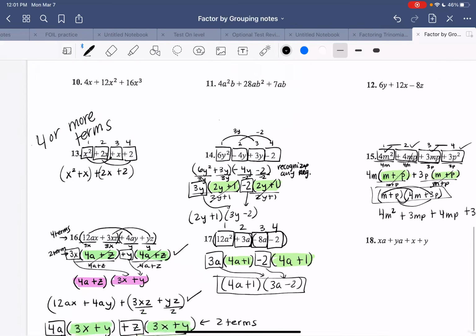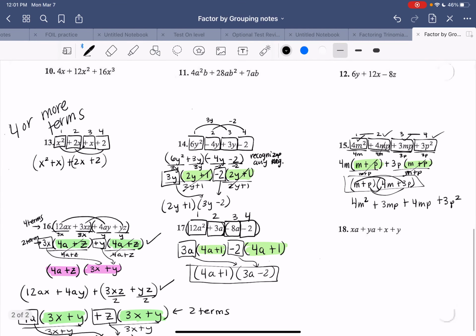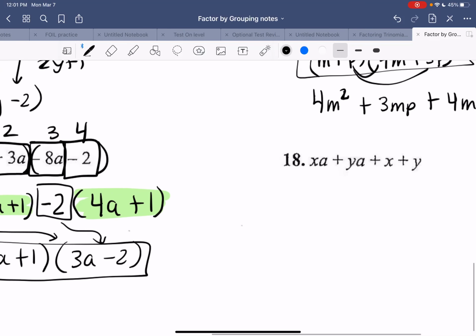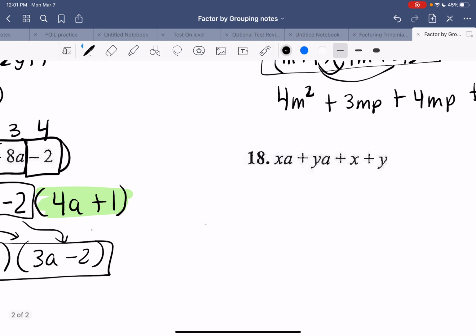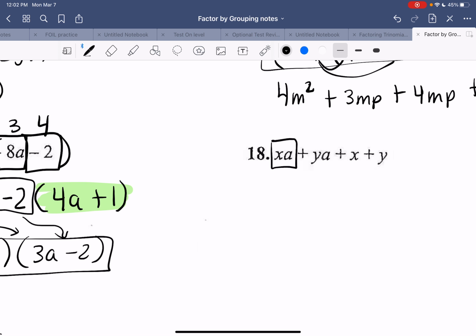Okay, I'm going to do one more example, looking at number 18. We're going to have to rearrange this for a second. If I have terms 1, 2, 3, and 4, terms 3 and 4 have nothing in common, so we're going to have to pair 1 and 3, and 2 and 4.